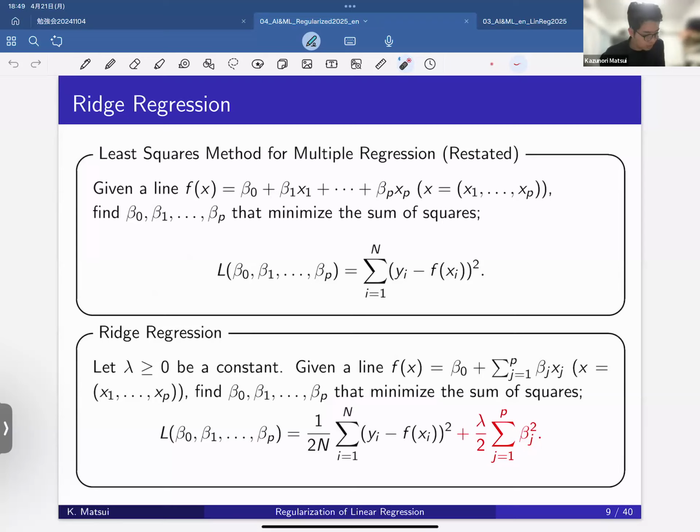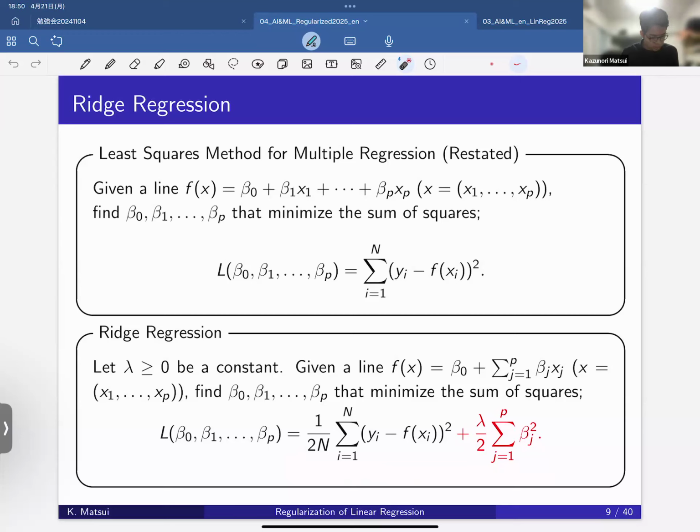Originally, the least squares method was a problem of minimizing the sum of squares like this. Ridge regression adds the sum of squares of the parameters to this function that we want to minimize. Ridge regression asks you to find the parameters that give the minimum value for the modified problem. In other words, ridge regression tries to make the sum of squares of the coefficients small as well.